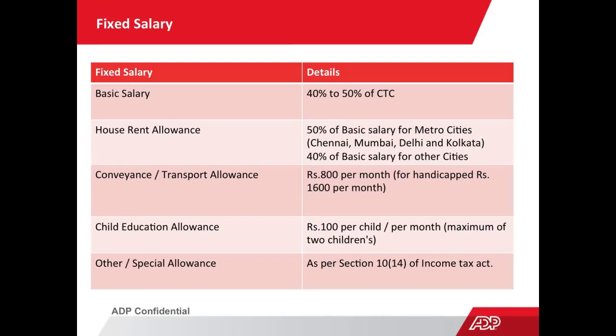There are certain special allowances exempt from tax based on the location of employment and other things. You can refer to section 10(14) of the Income Tax Act, where an exhaustive list of allowances is provided, and the maximum amount of exemption is also provided in the Act.